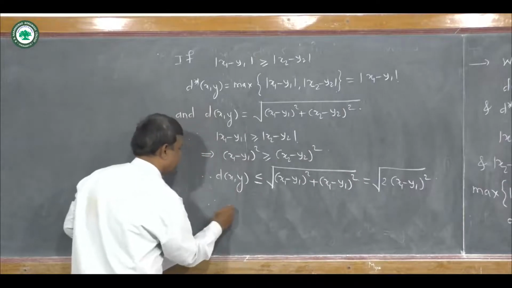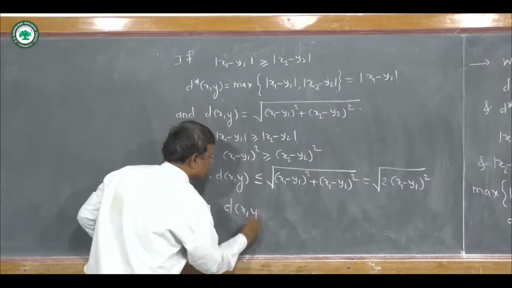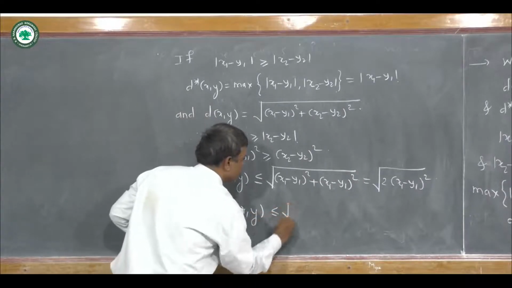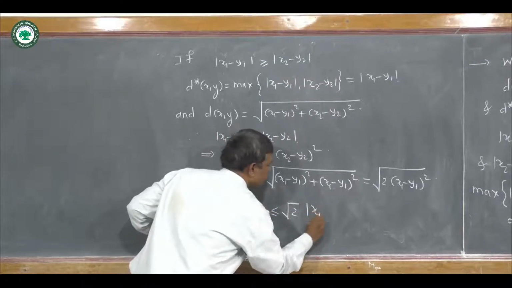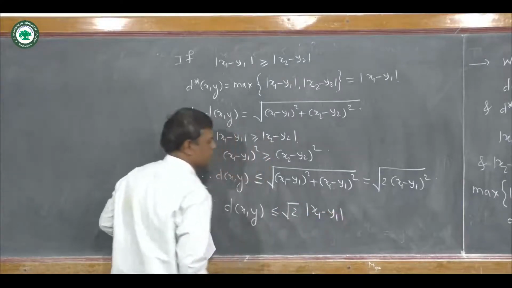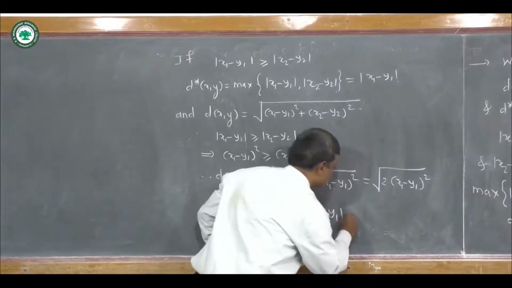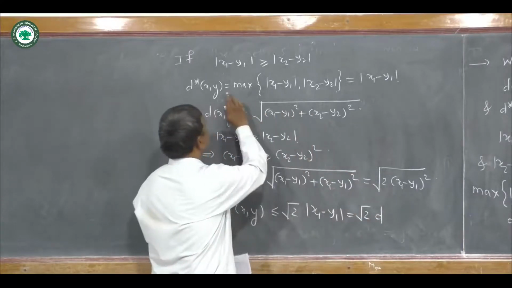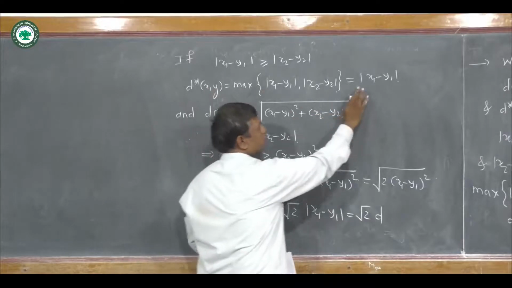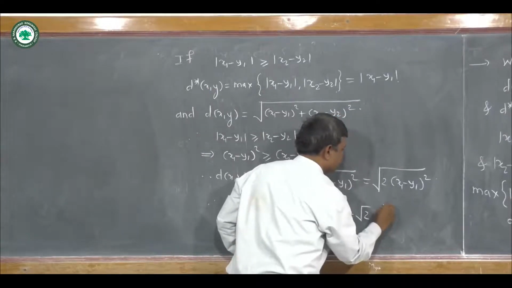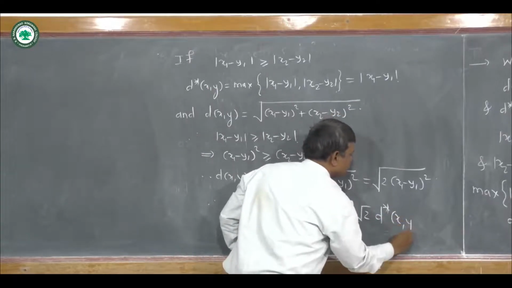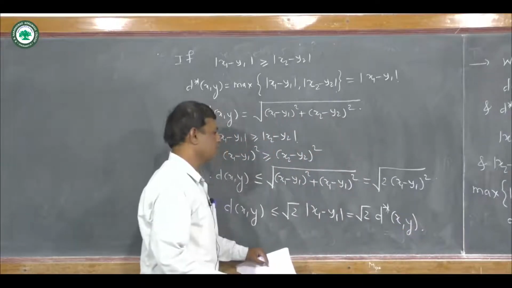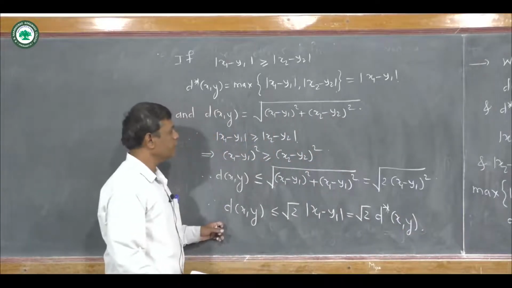So d of x comma y is less than or equal to root 2 into absolute value of x1 minus y1, which is equal to root 2 into d star of x comma y, since d star of x, y is equal to absolute value of x1 minus y1.